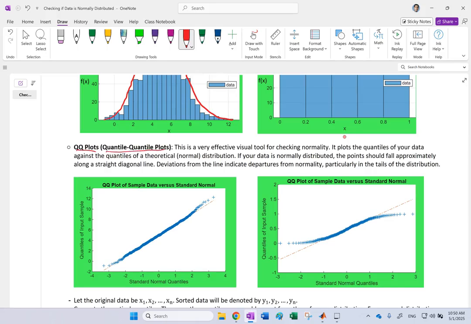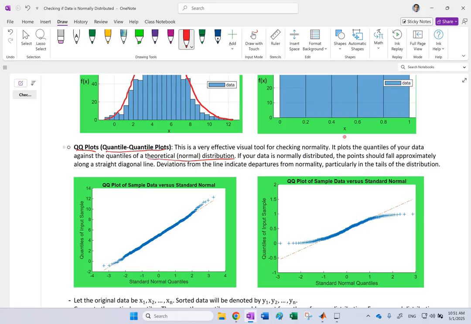This is very common. And this method not only can help you check whether data is normally distributed, it can check your data against any other theoretical distribution. For instance, if you want to check whether the data is similar to an exponential distribution, or a chi-square distribution, or if it's discrete, a Poisson distribution, binomial, anything, this can work for all of them.